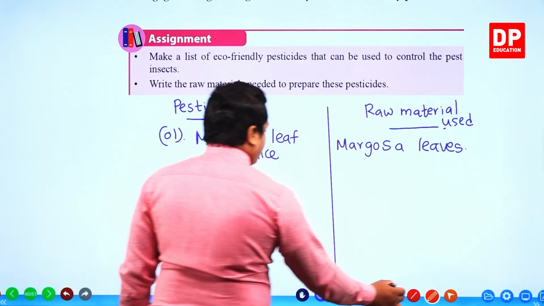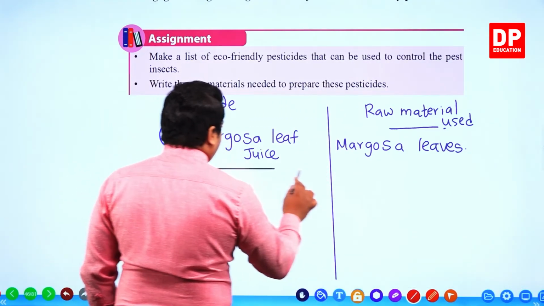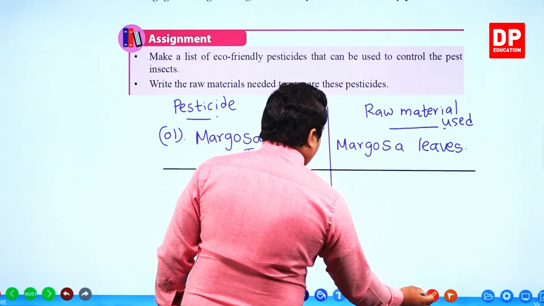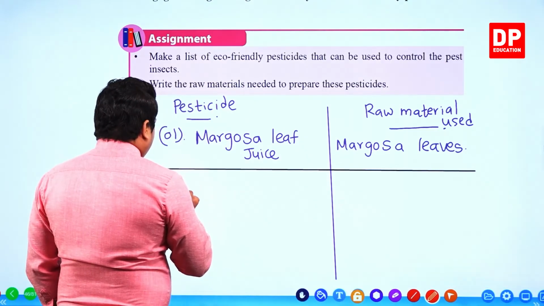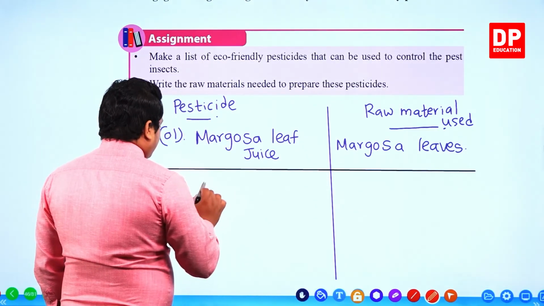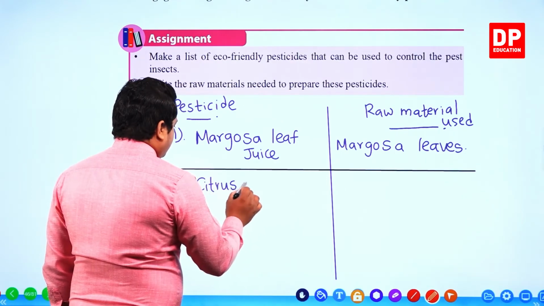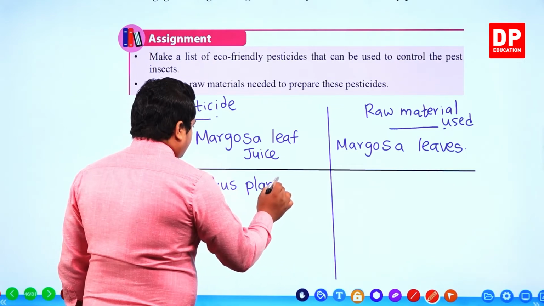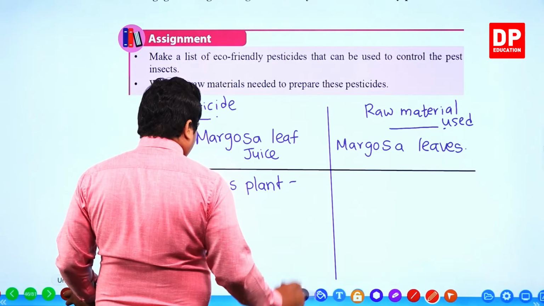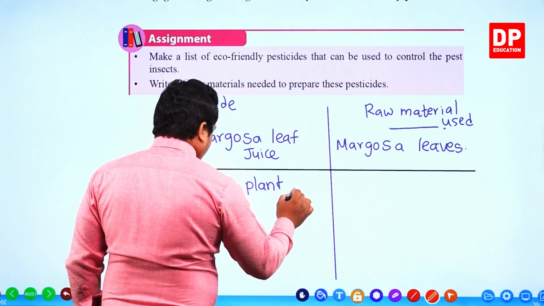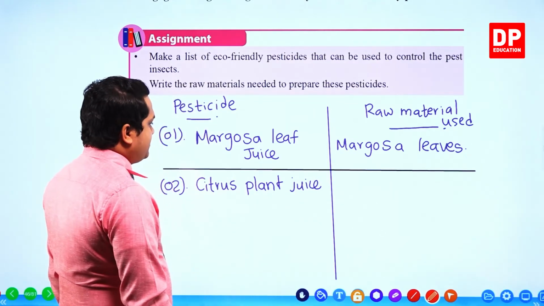Then another one, the second one which I've used, number 2, citrus plant juice.